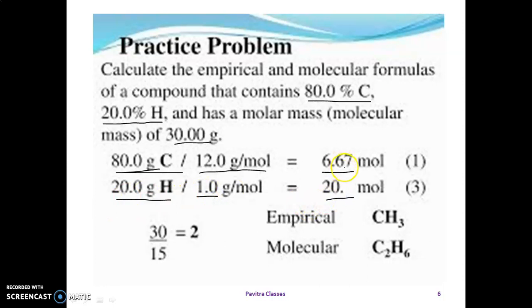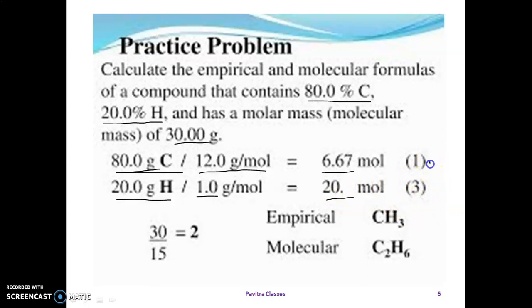Once this conversion from grams is done, you have to check which one is the least number. Here 6.67 and 20. Comparing these, 6.67 is the least number. So 6.67 divided by 6.67 you will get 1, and 20 divided by 6.67 you will get 2 point something, so you can take the whole number 3.